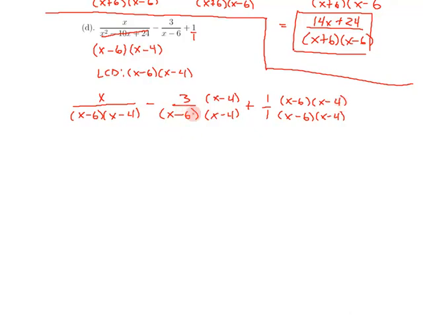I need to multiply out my numerators. Okay, so x minus 6 times x minus 4 is in the denominator here, still with the x. Minus, distributing this, I'm going to have 3x minus 12 in that numerator with the same common denominator.